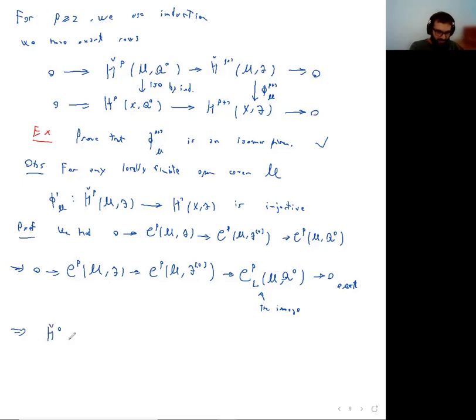So we still get a diagram with exact rows. Just that instead of here having the correct thing, you get the cohomology of this complex, the one with L.